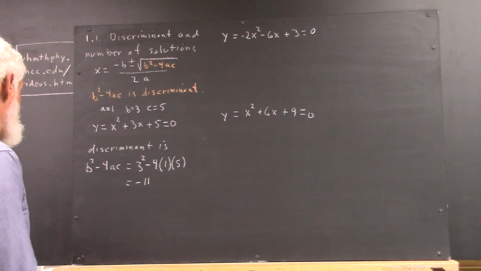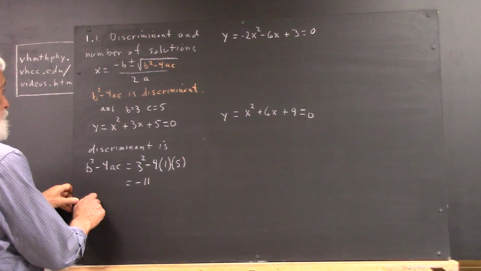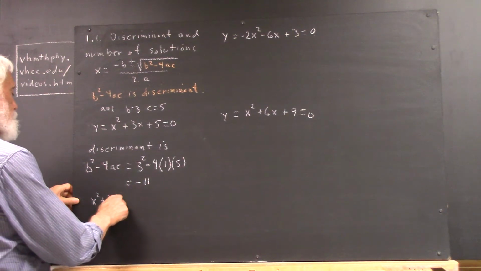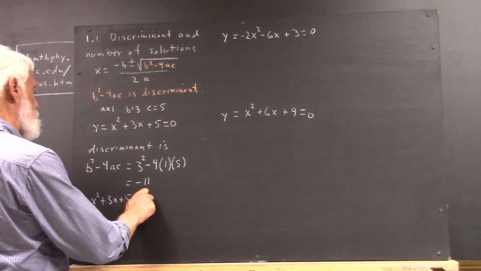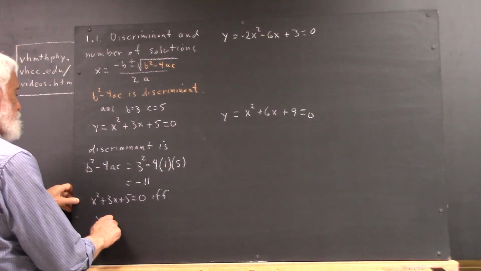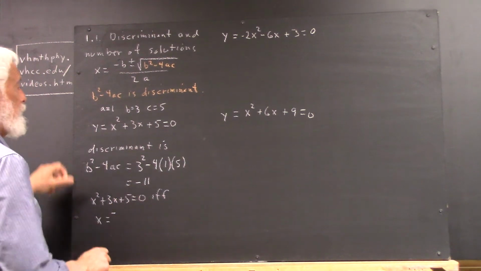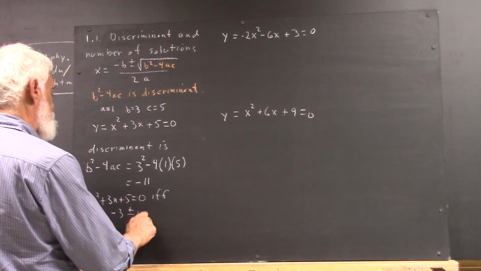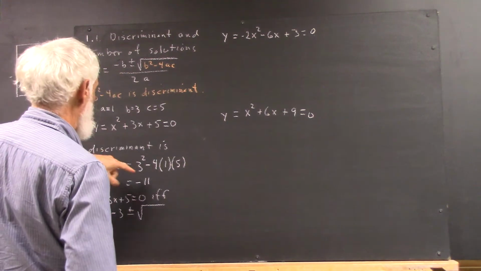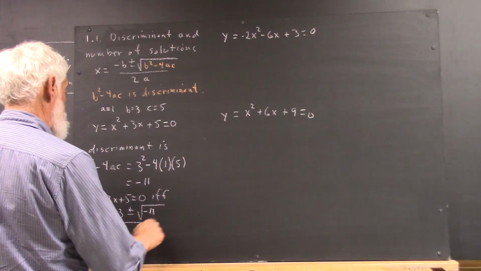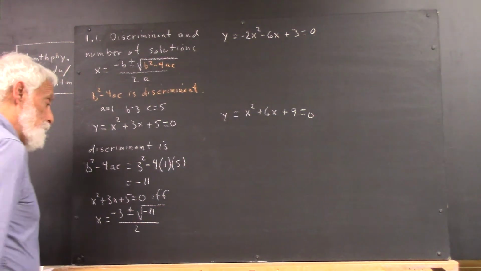So x squared plus 3x plus 5 equals 0 if and only if x equals negative b, in this case negative 3, plus or minus the square root of negative 11, divided by 2.